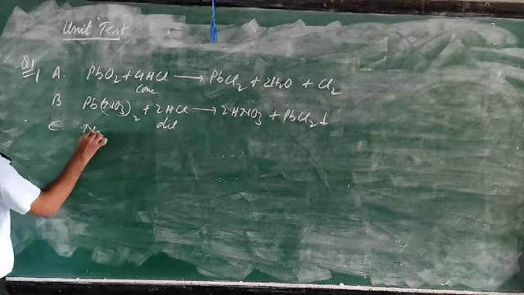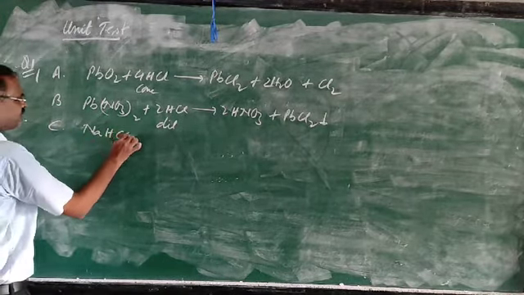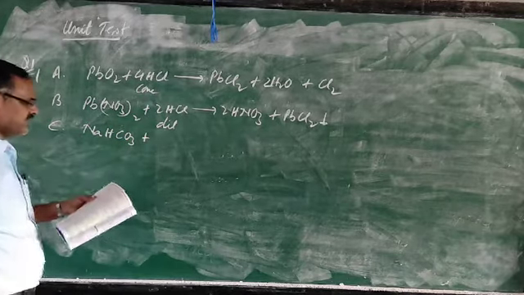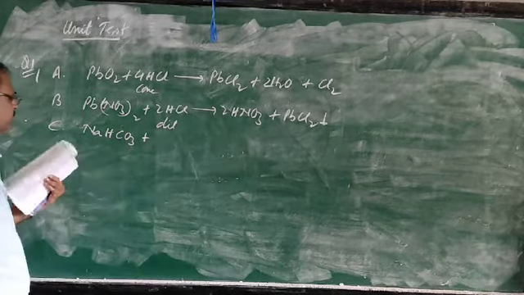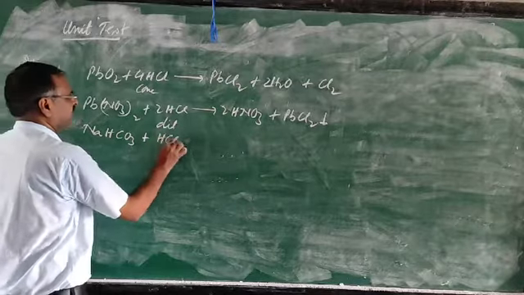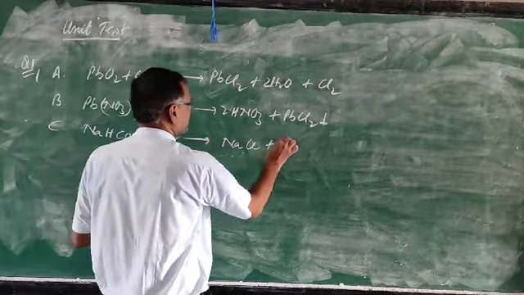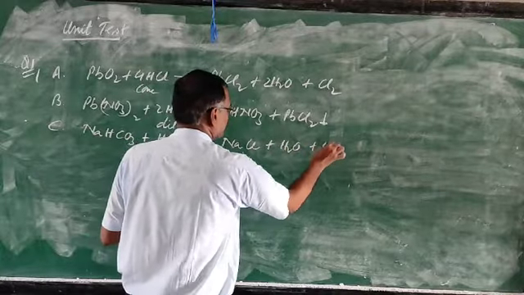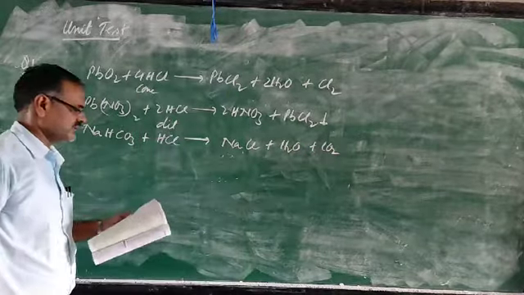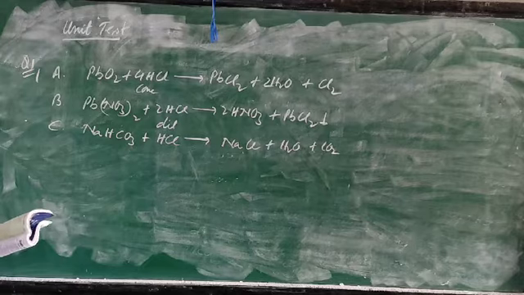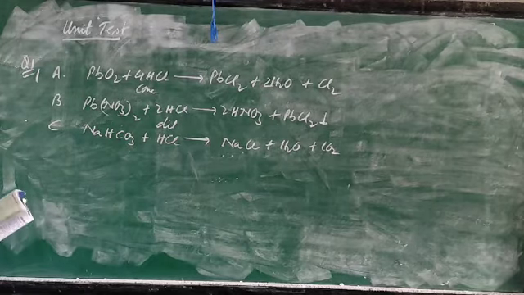So NaHCO3, sodium bicarbonate to sodium chloride react with HCl, form NaCl, H2O, carbon dioxide. Then sodium chloride to sodium hydrogen sulfate.